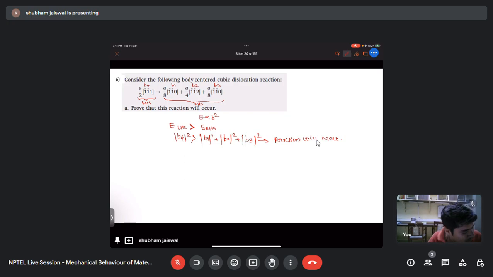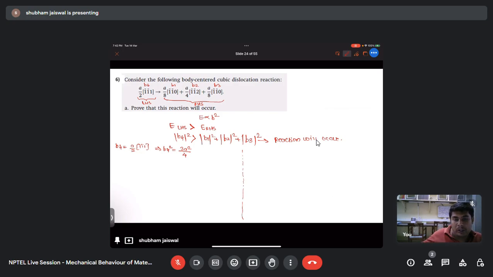So let me divide the section. Here we have B4 as a by 2, 1 bar, 1 bar, 1. So B4 square will come out to be 3a square by 4. Is it not?